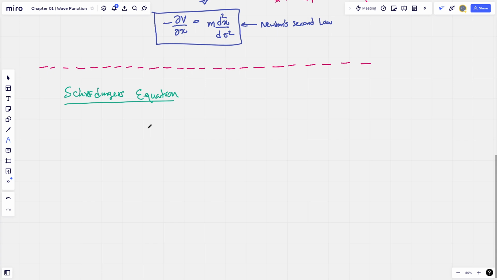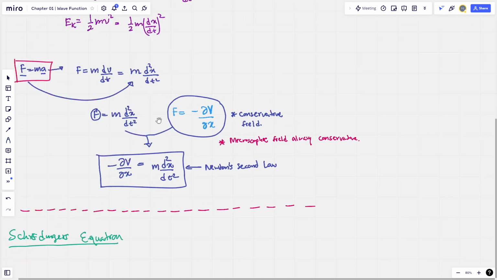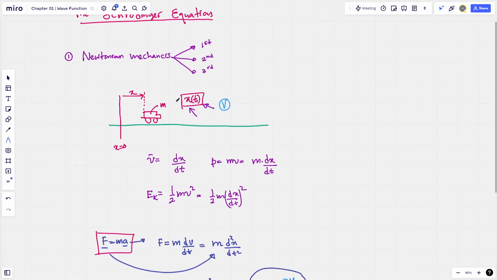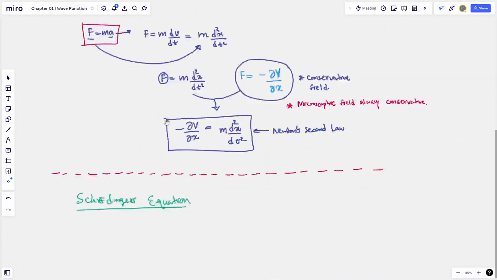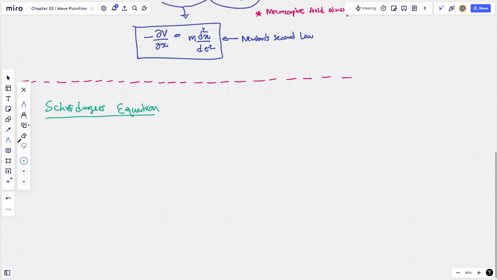First, we use Newtonian mechanics, and if we know the position function of the object, we can obtain any dynamic variable we are interested in. Similarly, at the microscopic level, the object doesn't have an exact position, as some experiments suggest. We'll talk about them in later videos. First I'm going to write the equation, then I'm going to explain.